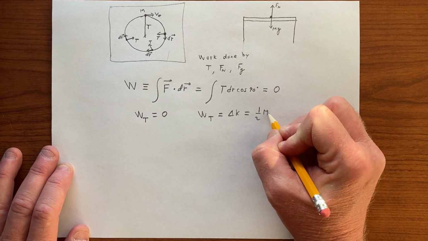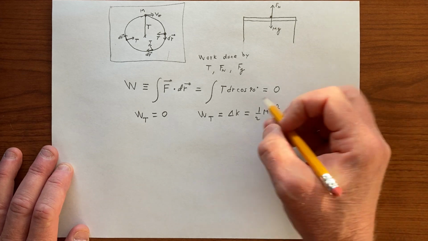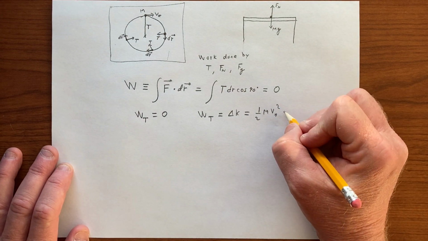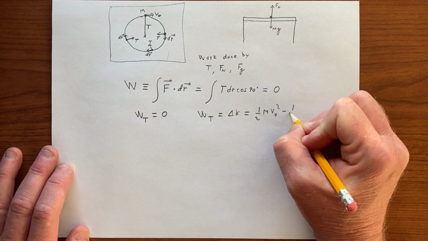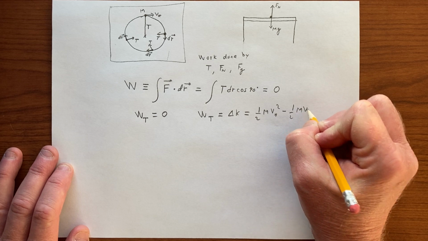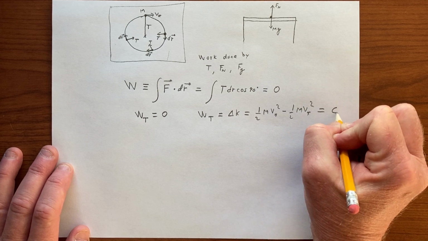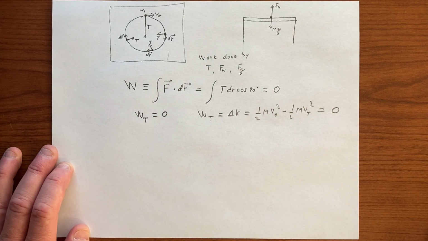So 1/2 m v star squared. We call that the final kinetic energy minus the initial. Right? They're always the same, and so that's 0. And therefore, we could have gotten the total work from the delta K side as well.